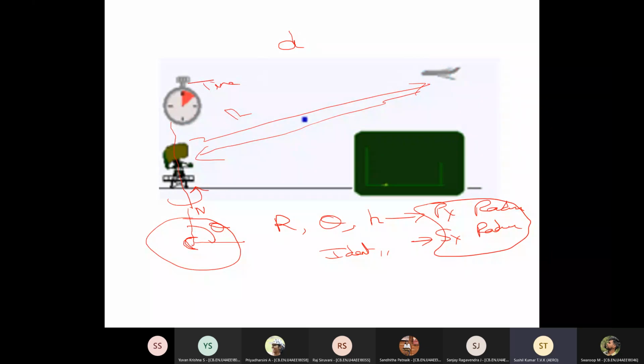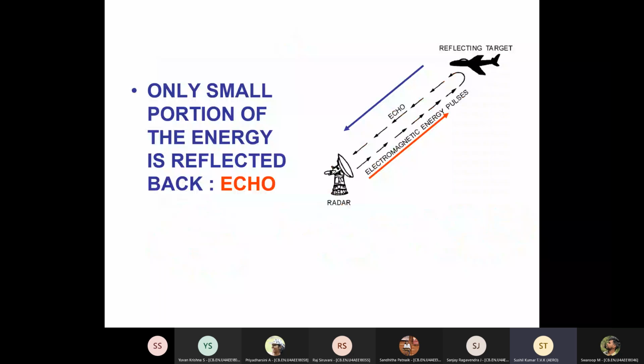The problem with radar is, though you can transmit huge amounts of power, even 1 gigawatt in some cases, like search radars, what we are going to get back is going to be in a few milliwatts. This comes primarily because, suppose I'm transmitting 1 gigawatt, and at a distance d, what power will be received? We got some equations for it. In the previous module we have seen.